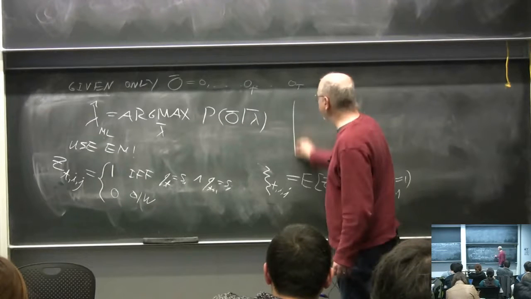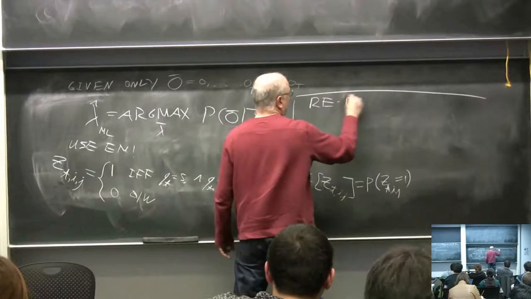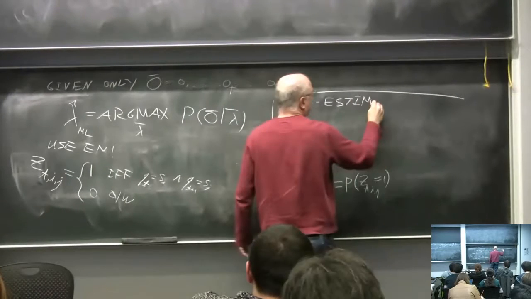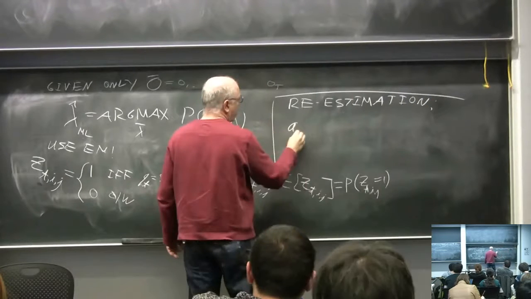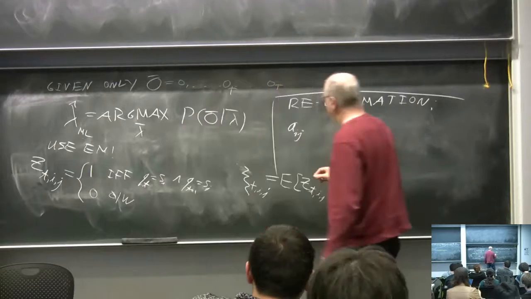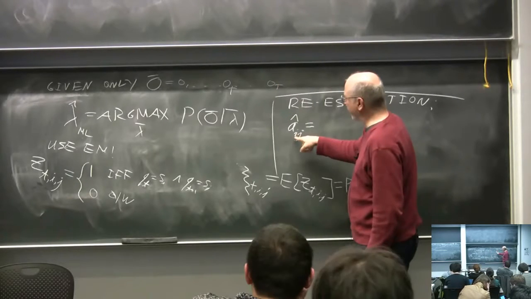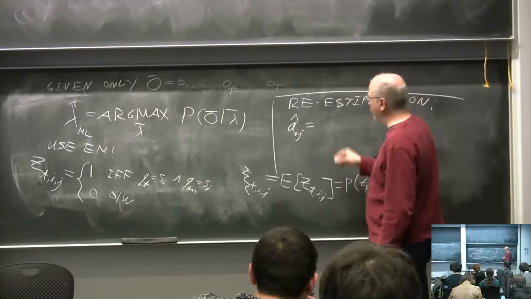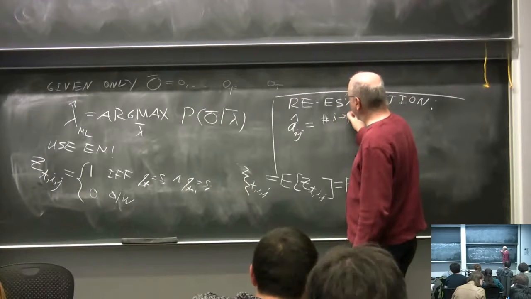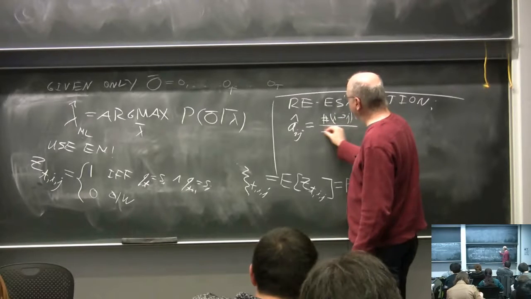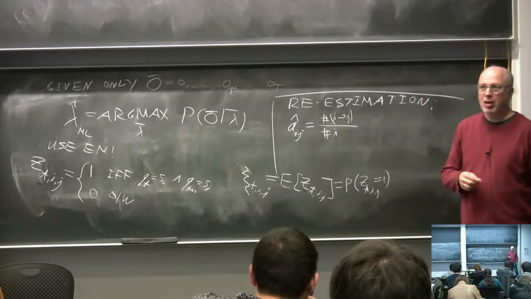So for example, the transition probabilities, so I'll write here the re-estimation. My new Aij, my new estimate for the transition probability from i to j, ideally should be the number of times I observed i going to j divided by the number of times I observed i going to anything.